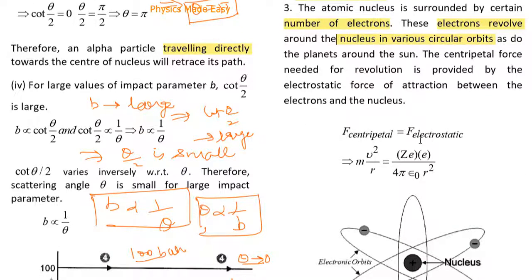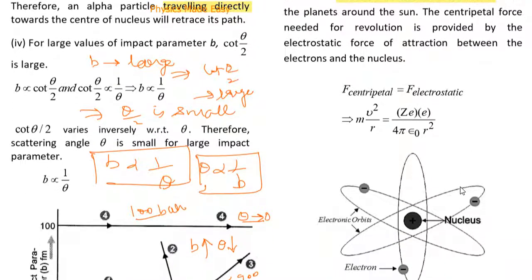Now, centripetal force F centripetal is equal to F electrostatic. The formula for centripetal force is mv square by r.